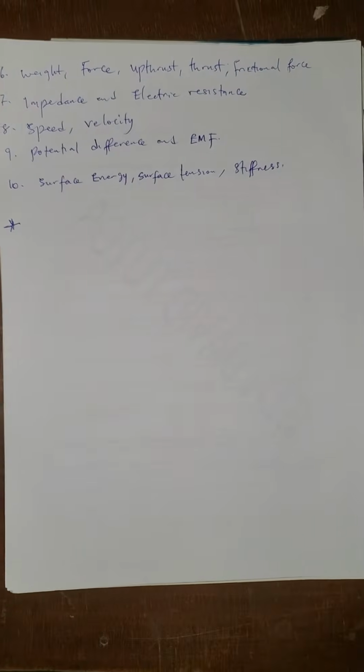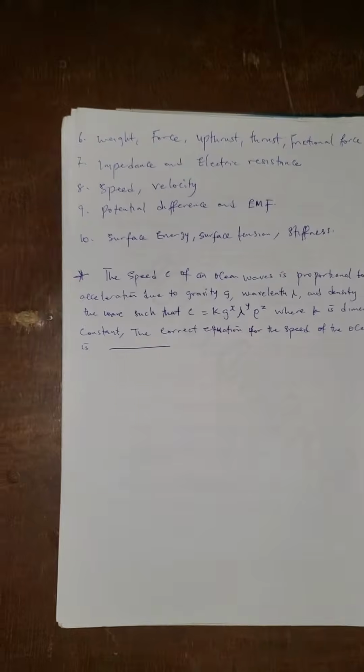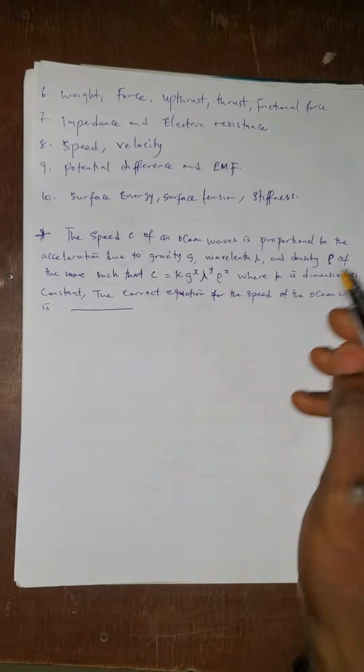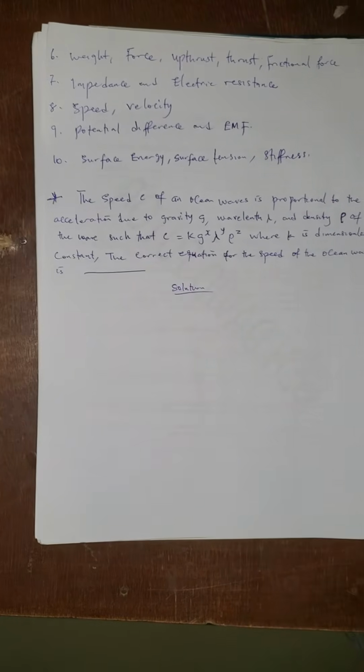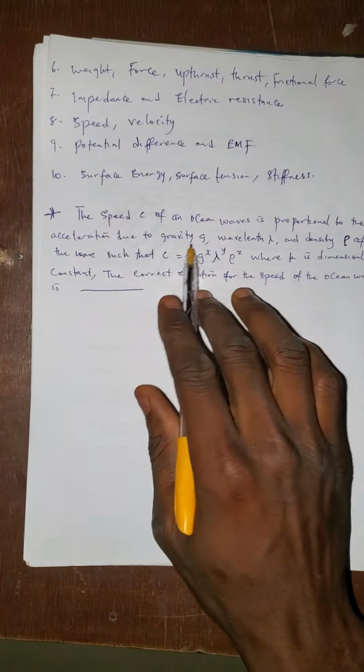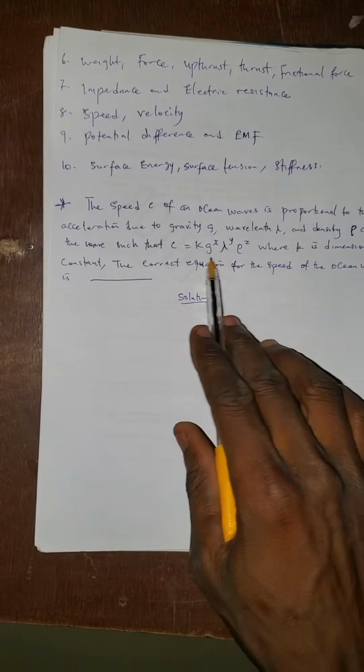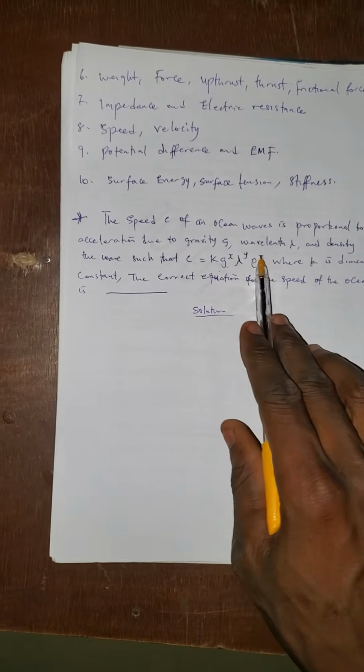The second question. The question says, the speed c of an ocean wave is proportional to the acceleration due to gravity g. So our g here is acceleration due to gravity.